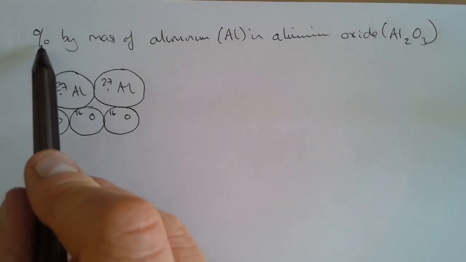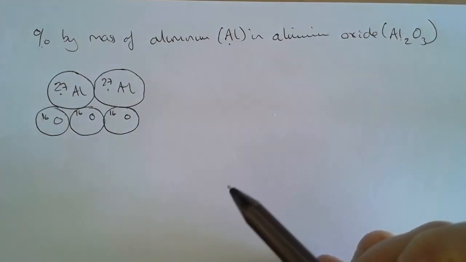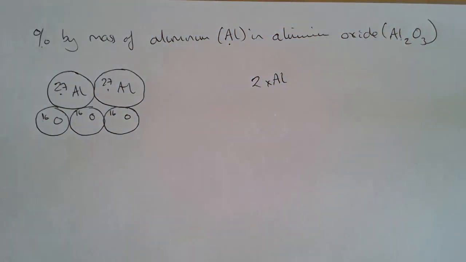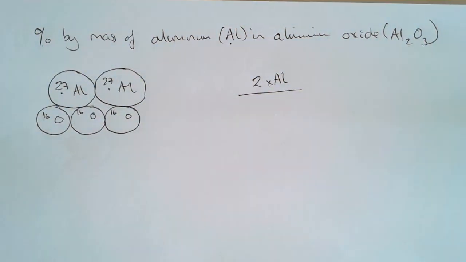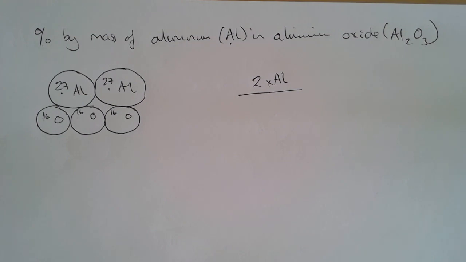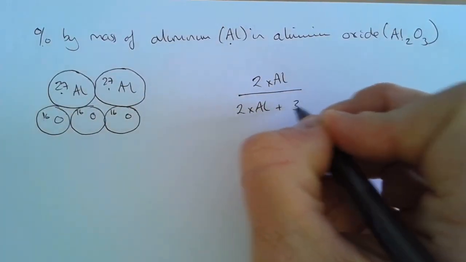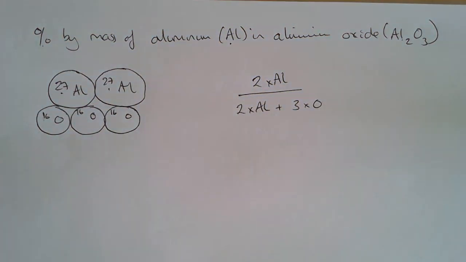So we're trying to find the percentage of aluminium in this. So this time there are 2 aluminiums in the formula. So it's going to be 2 times our mass of aluminium divided by 2 times aluminiums and 3 times oxide ions.